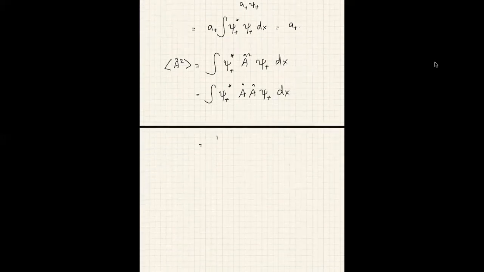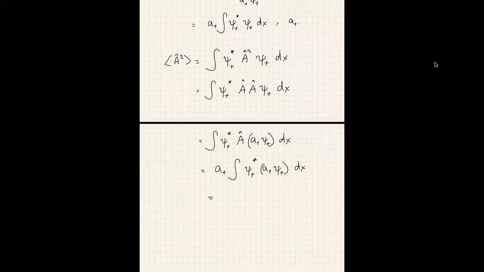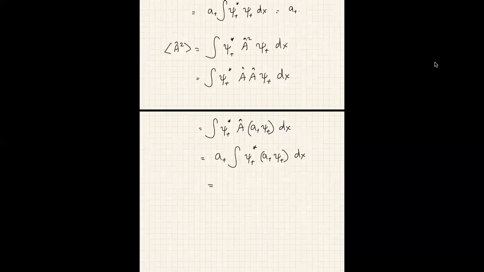If I apply A on psi plus once, I get A plus psi plus. So this is A plus times psi plus star A acting on psi plus again, which gives me another factor of A plus psi plus dx. And again, I can pull out the A plus because it's just a constant, and I will have the integral of psi plus star psi plus dx, which is just 1. So this is nothing but A plus square.